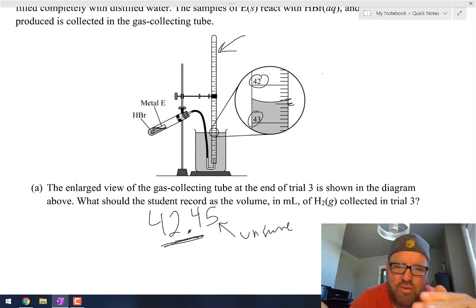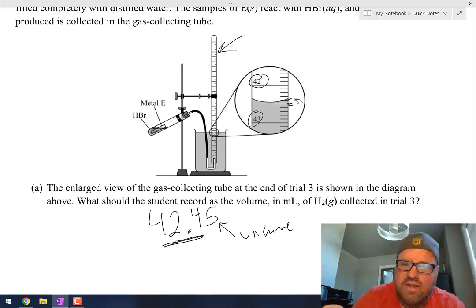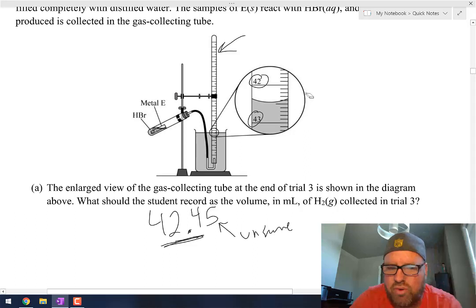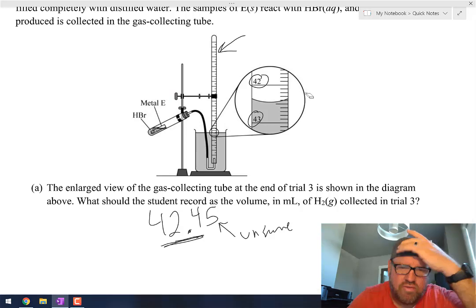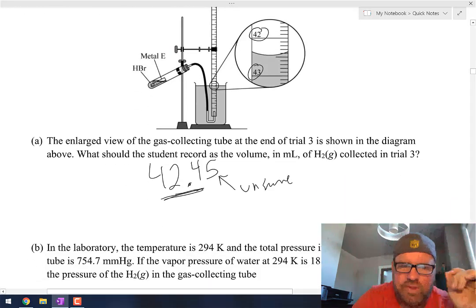If you go halfway or all the way, then you're always going to be fine. In this case, it's clearly not on 42.4. It's clearly not on 42.5. So 42.45 is a very, very good answer. And again, that's the key. If you put 42.4, they're going to mark it wrong.